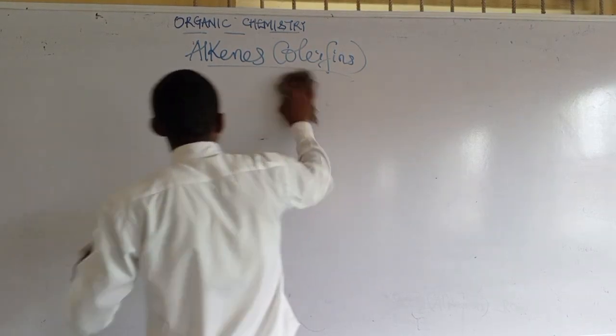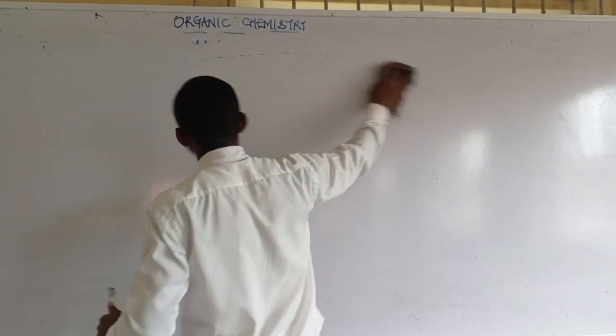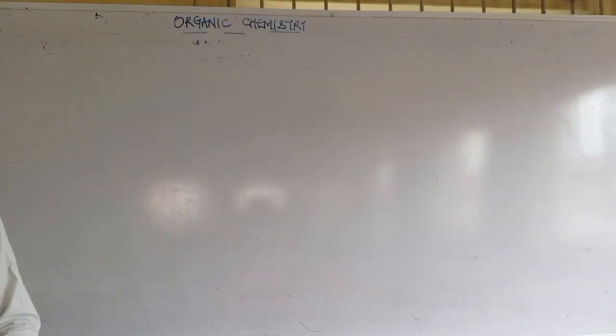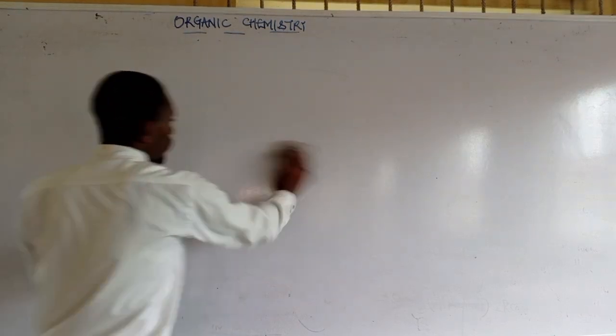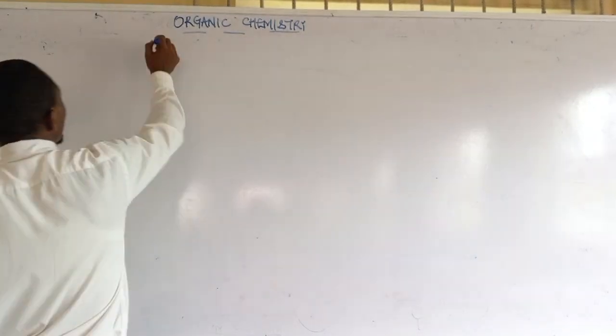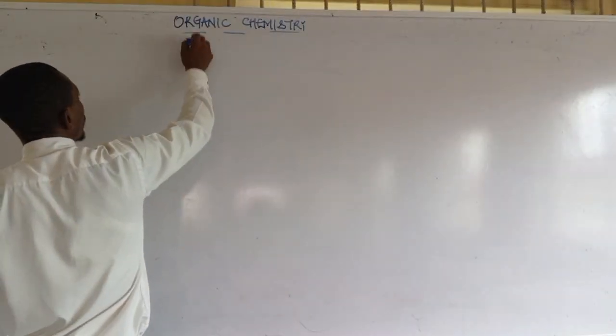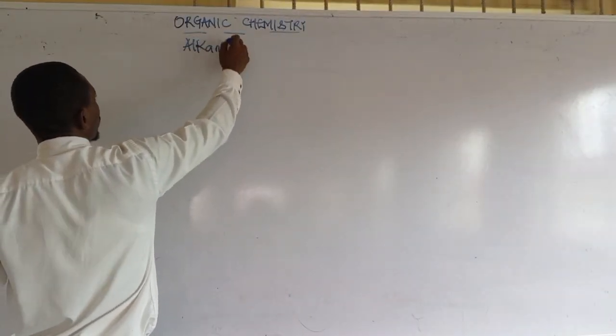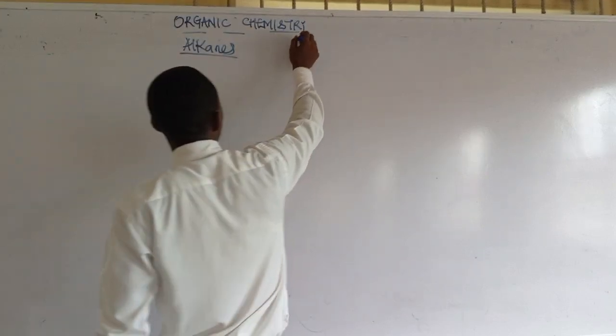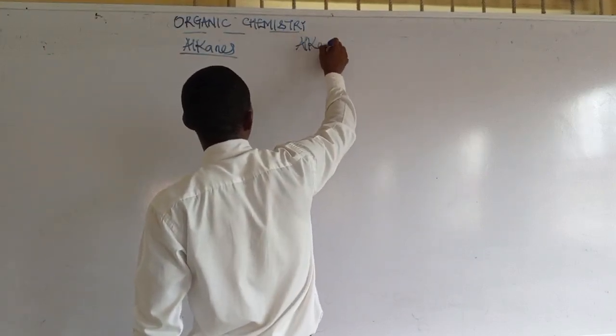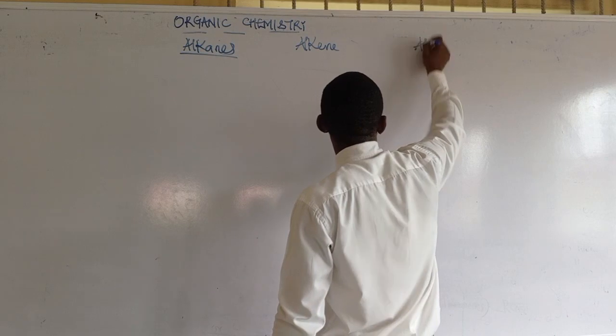So let's look at the tests for these compounds. So we have alkanes. This is like a summary also. We have the alkenes and we have the alkynes.